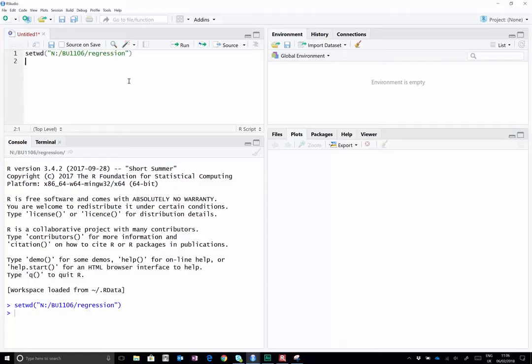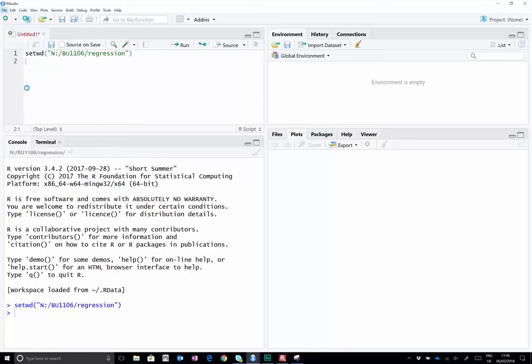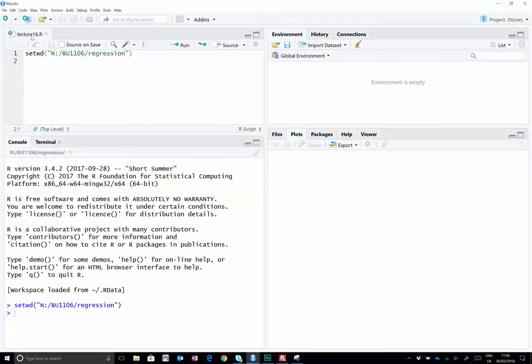You just save this file with the file extension. Lecture 16. The convention is usually to use the file extension .R, uppercase R. And now I've got it saved. I could have 100 commands in there, and I can just run them again another time.